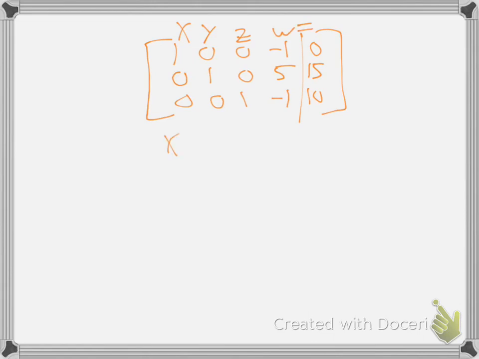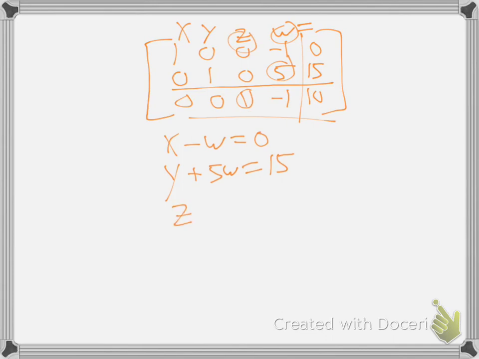So again, it says X minus W is 0. And this row says Y plus 5W is 15. And this row says 1Z, so Z minus 1W is 10. So that's what they're saying.